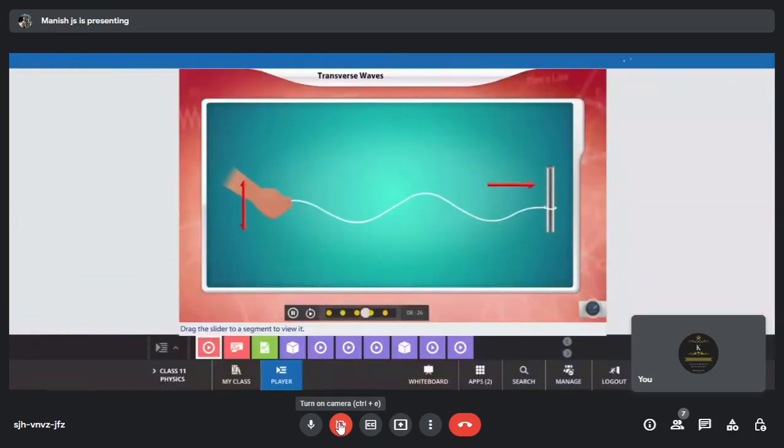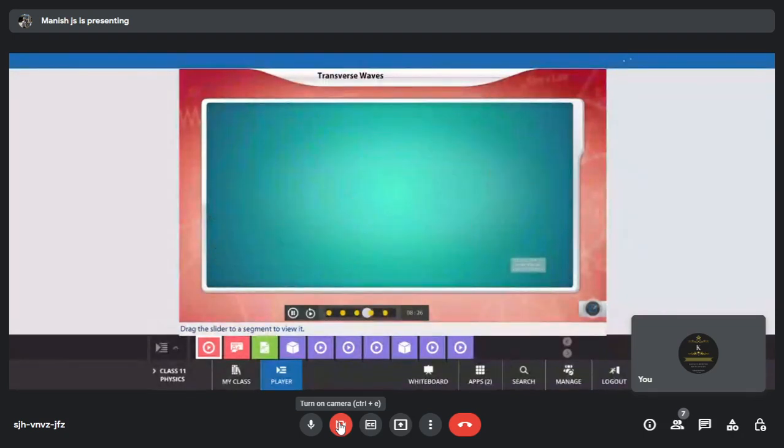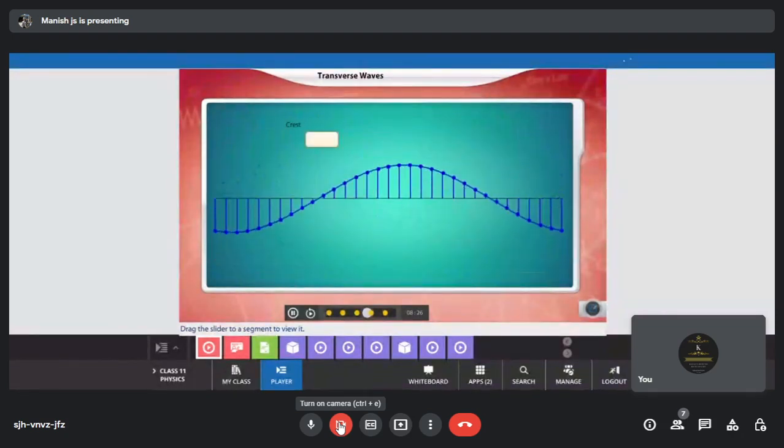Transverse wave is a series of alternate crests and troughs. The medium particles which form the crests and troughs move perpendicular to the direction of motion of the wave. A crest is formed at the instant when the groups of the medium particles in the region are on the way up.